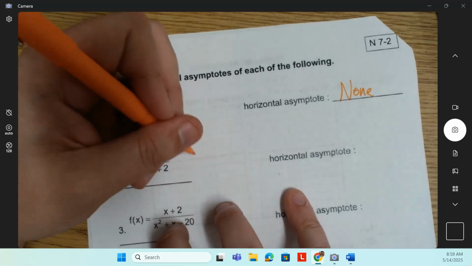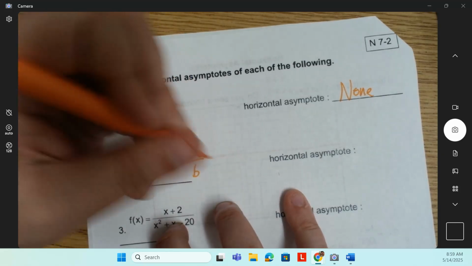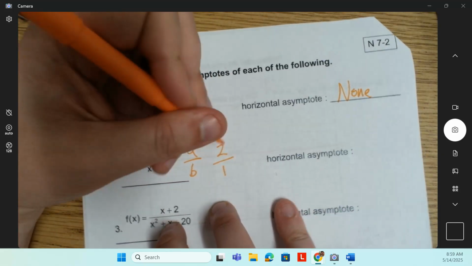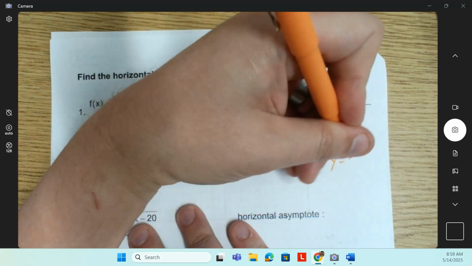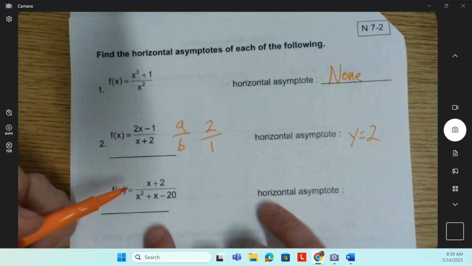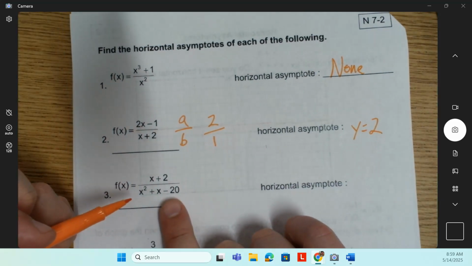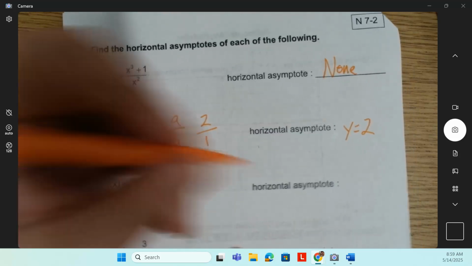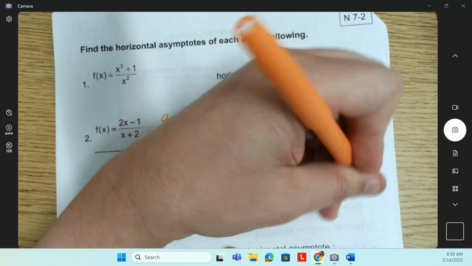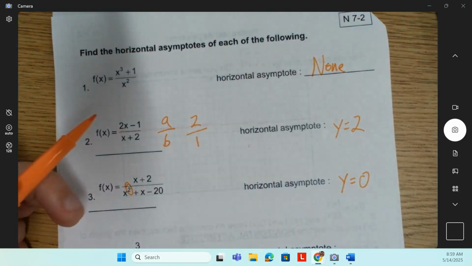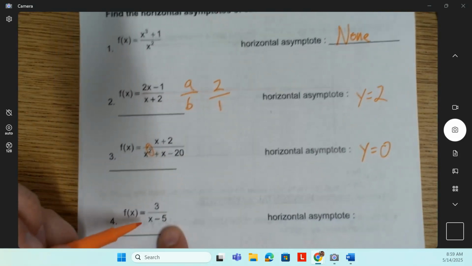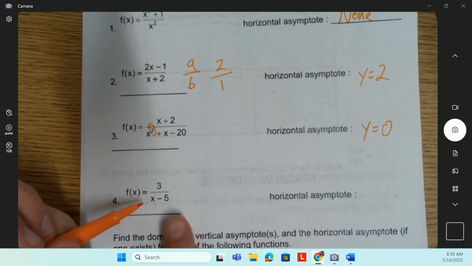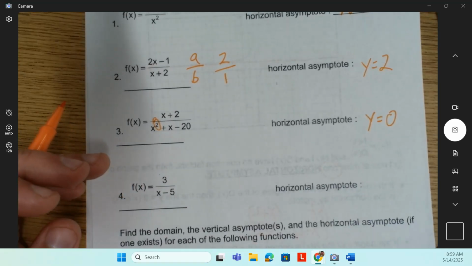So my a over b is going to be 2 over 1. So y equals 2. And then this one is greater on the bottom. So that one's going to be y equals 0 according to our rule. Then here, looks like greater on the bottom, we do y equals 0 again.